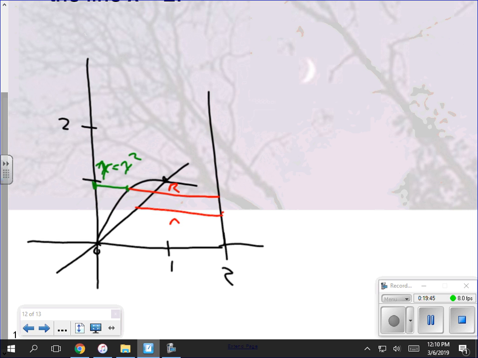Big R is the distance from here to here minus the distance from here to the curve, which is y squared. Those two together give me 2.